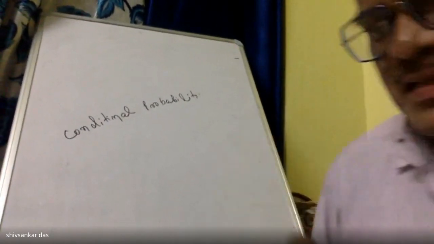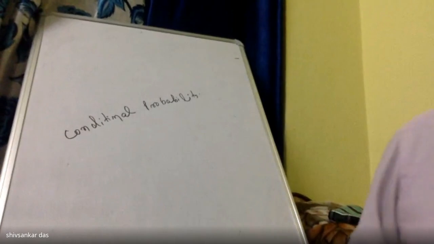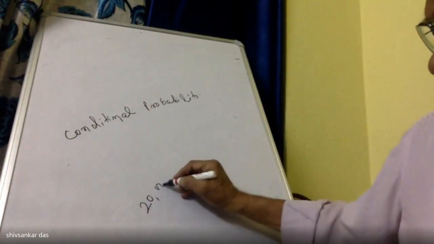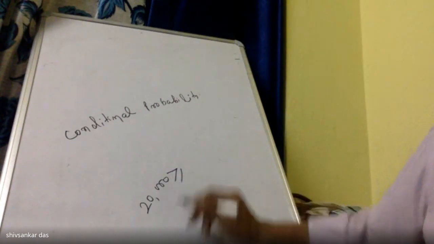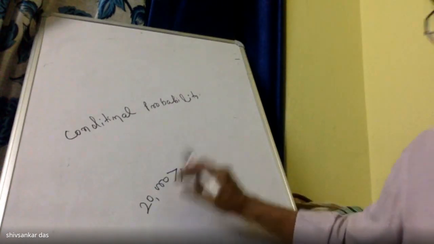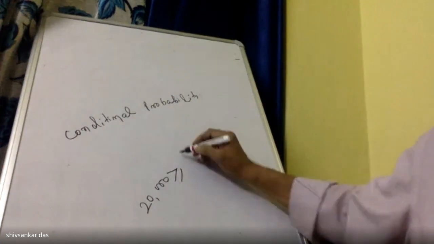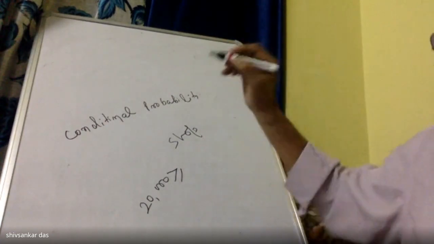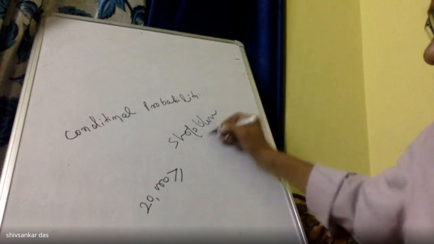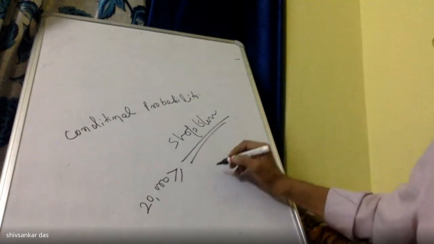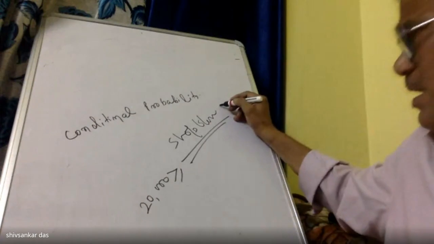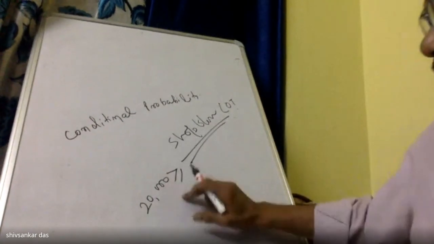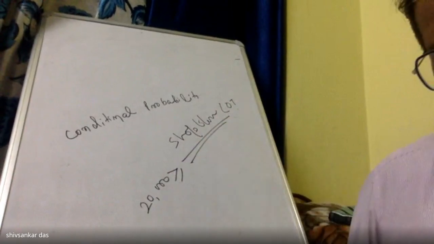That means he is asking a condition. How many are getting salary above 20,000, but how many of them are working on the shop floor in the factory? And how many are getting overtime? So these are conditional probabilities.